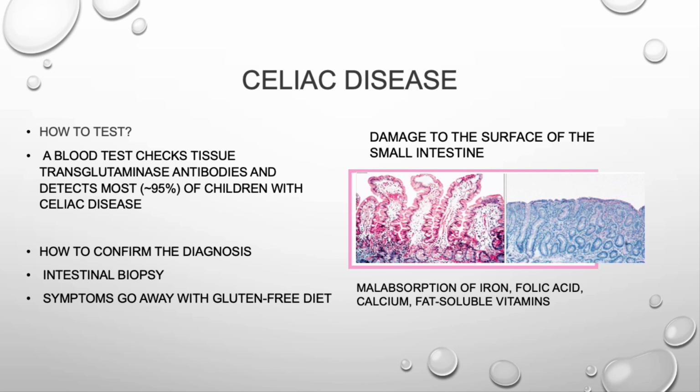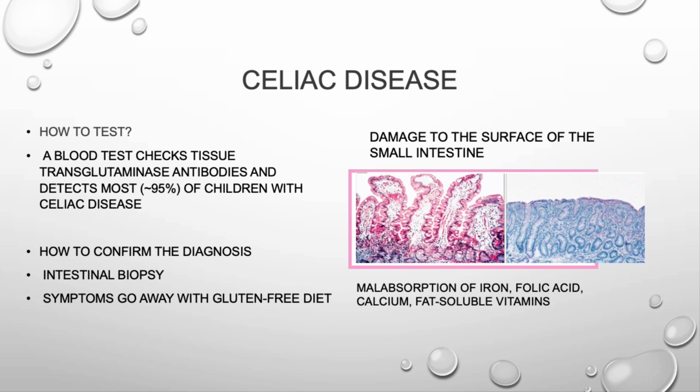That then requires a confirmation, and this is done through an intestinal biopsy. And the treatment is easy. Basically, you remove the gluten from the diet, and that does the trick. So you don't need to do anything else. You just need to learn to deal with a diet that doesn't contain gluten.